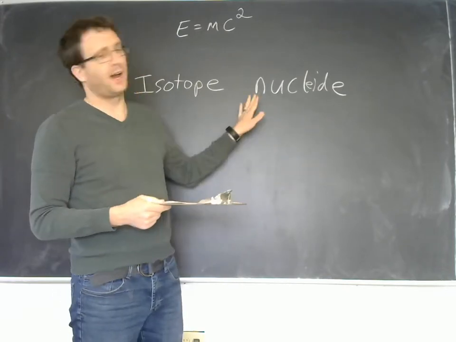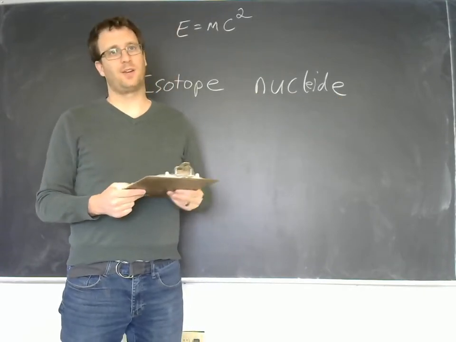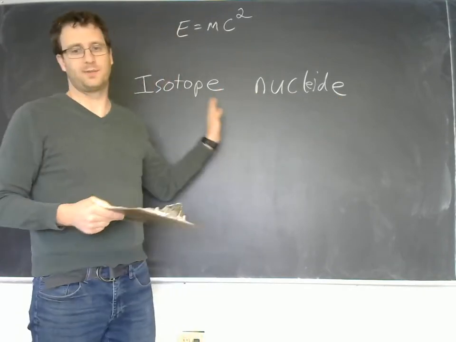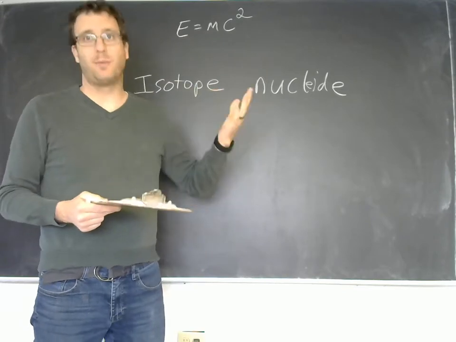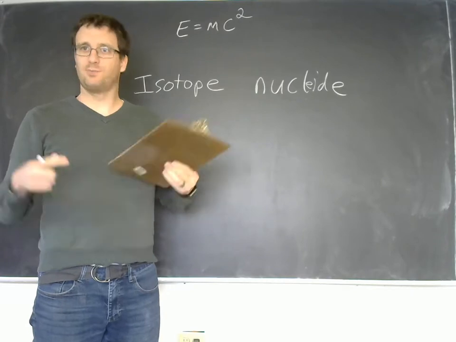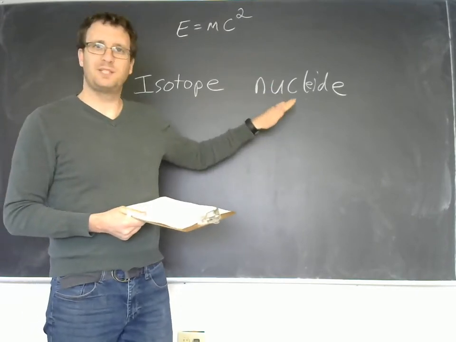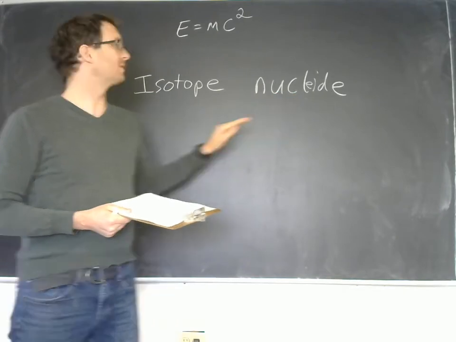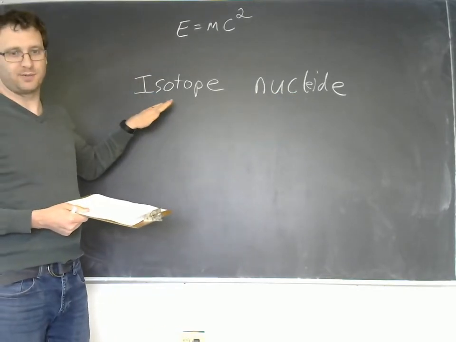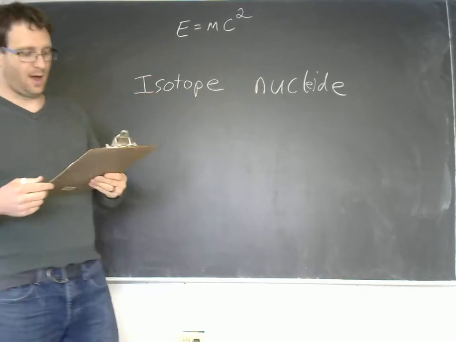The nuclide refers only to the nucleus, and that's where everything happens. So I don't really care about the difference between these two. I will probably use them interchangeably in my lectures, but there is a small pedantic difference between them, where nuclide explicitly refers to only the nucleus, and isotope explicitly refers to the entire atom, including electrons.